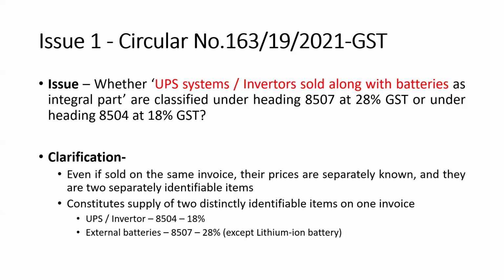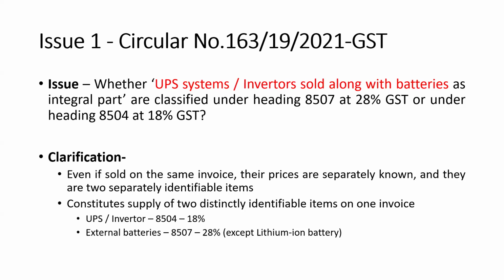With respect to this question, CBIC has issued circular 163, wherein the following clarification was given. The basic question was whether it is classified under heading 8507 and charged at 28%, or 8504 and charged at 18%. The clarification was that even if both are sold in the same invoice and no separate price breakup is given, it is commonly understood that both are separate identifiable items.